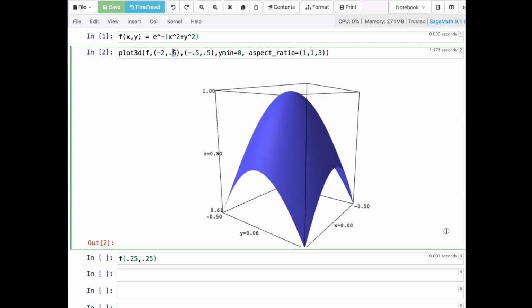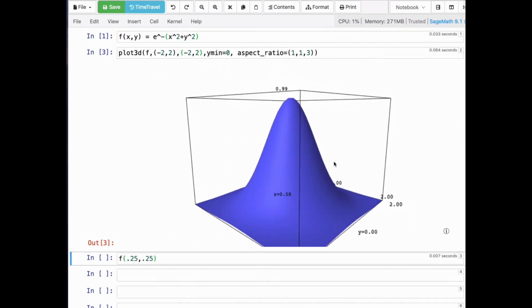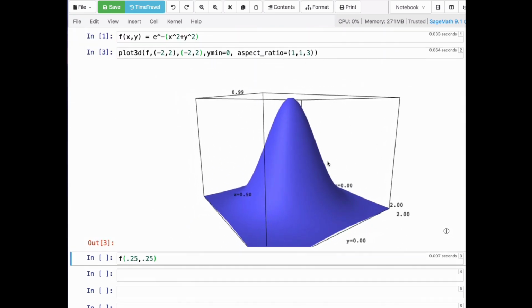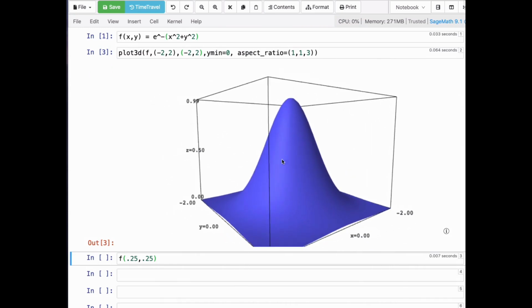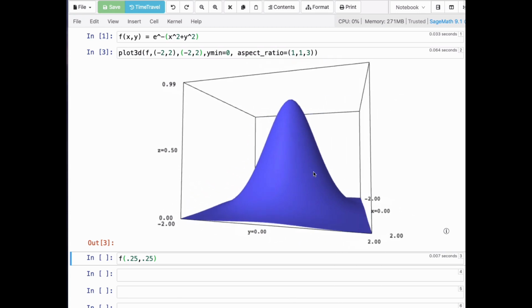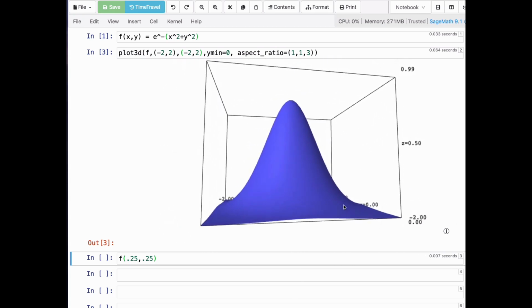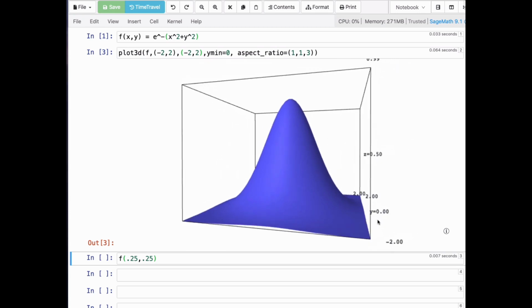So maybe we'll change this to go from -2 to 2 in both the x and the y directions. And here you see what I mentioned before, how yes, it gets to 1 in the center, but the z value gets very close to 0 pretty quickly.